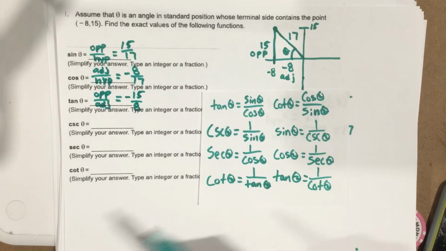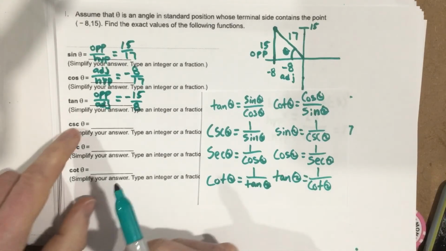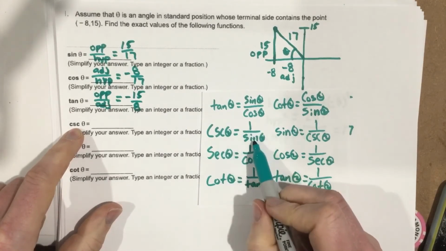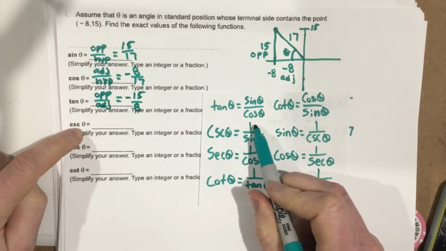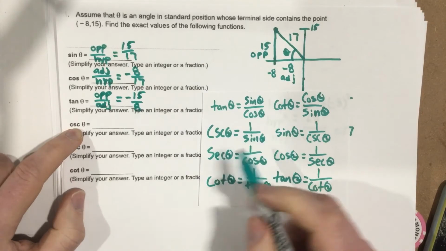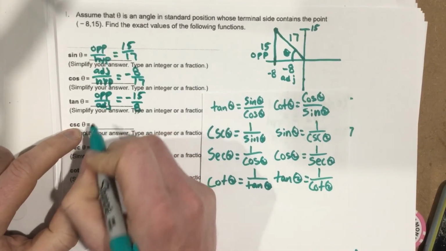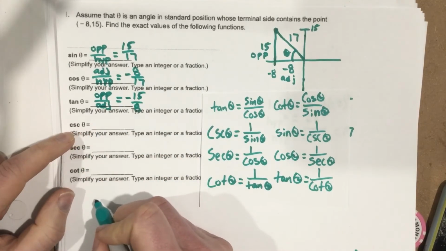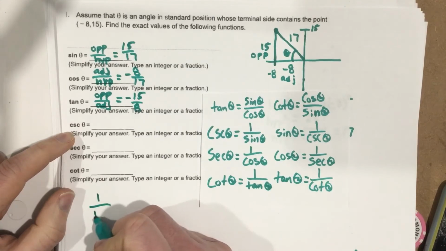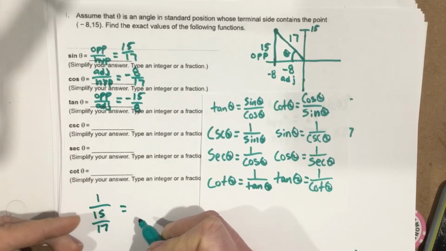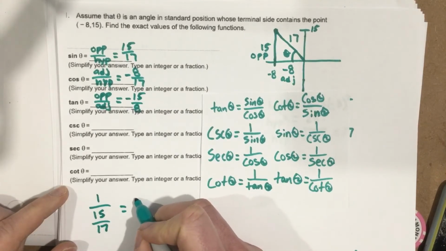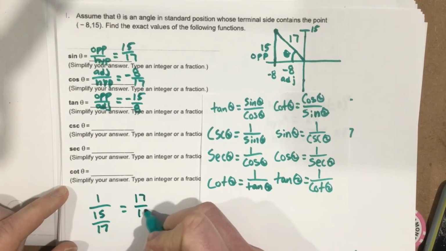But for me personally, I like the reciprocal identity. So I know cosecant is 1 over sine. So whatever I get for sine, cosecant is 1 over that. Well, 1 over 15 over 17. Remember, you flip the bottom and multiply the top, so you end up with 17 over 15.